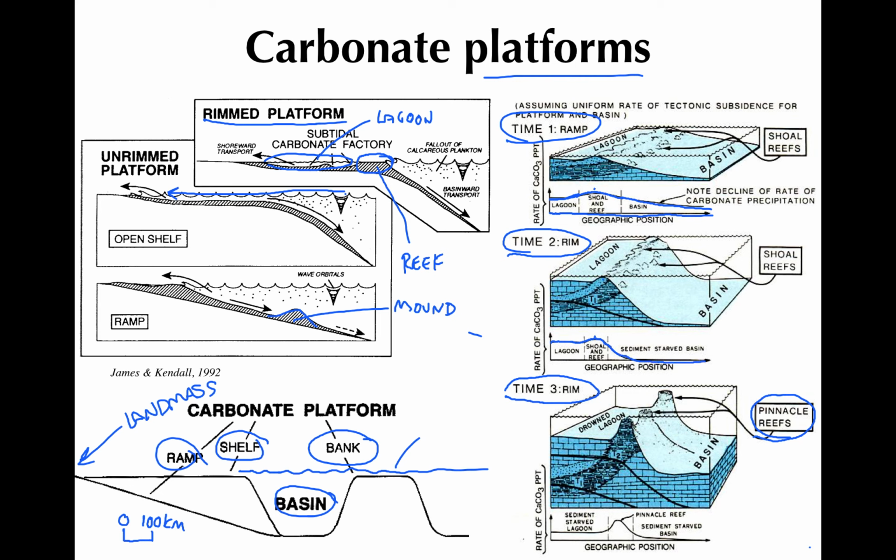Carbonate precipitation dies down as you head off to the basin. And then finally, if we end up having isolated areas of high carbonate precipitation surrounded by areas of lower carbonate precipitation rates, we can get something like these pinnacle reefs or a carbonate bank.